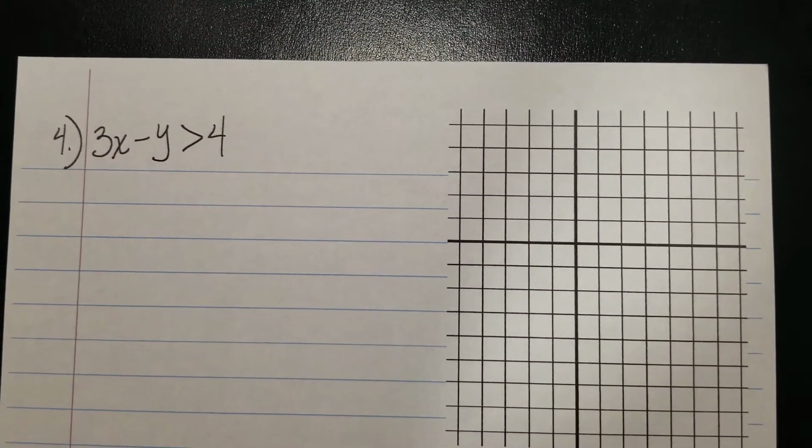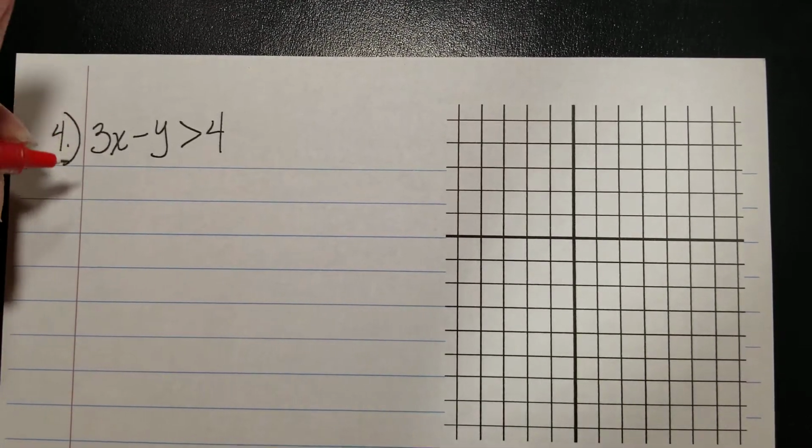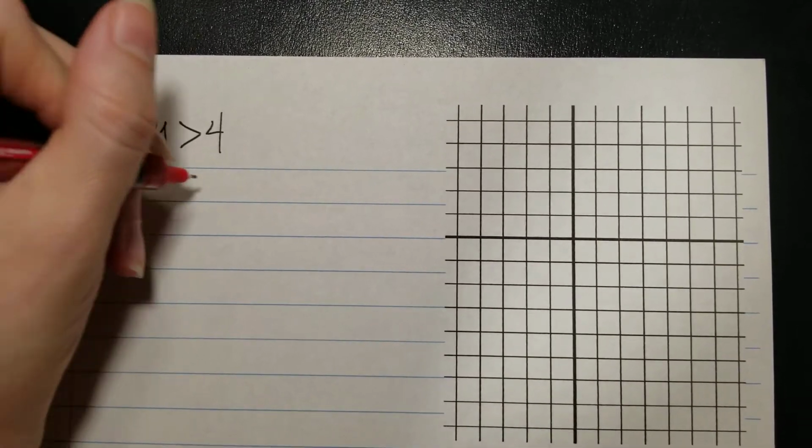All right, number 4. Again, this is not in slope-intercept form, so I'm going to start by getting it into slope-intercept form, which means I need to subtract 3x from both sides.